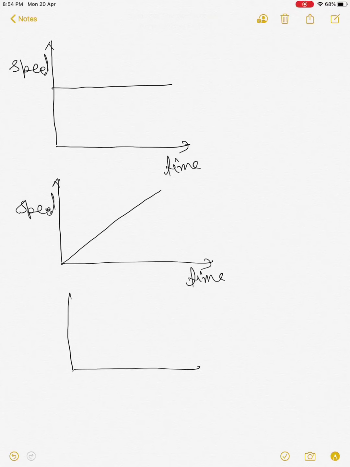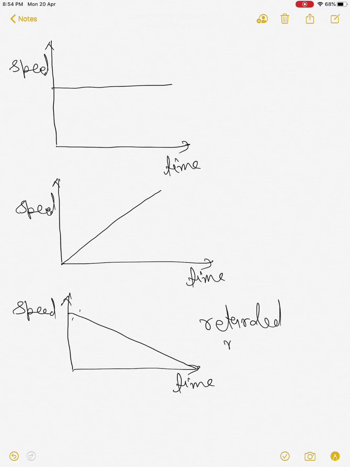If the speed time graph is as shown in the diagram, then speed is decreasing with time, it means retarded motion. Accelerated.